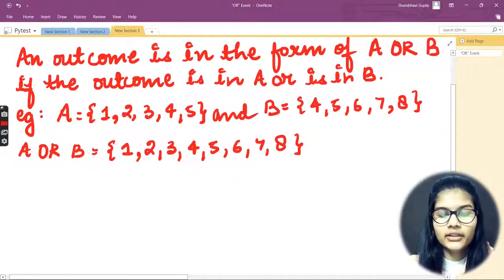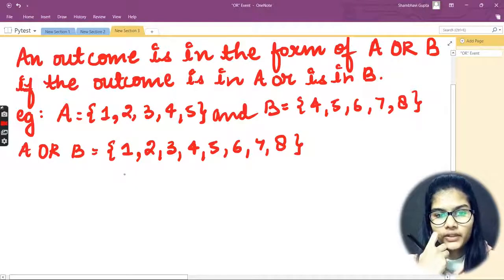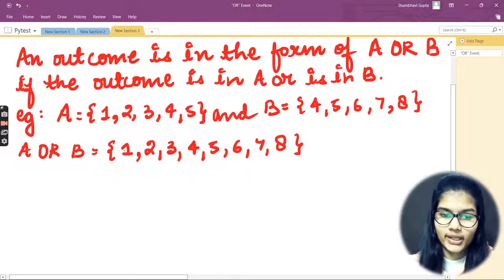Here 4 and 5 are not listed twice because we are calculating A or B. Within the OR event, if you have any repetitive numbers, they are written only one time. It's not the case that you write these numbers twice.